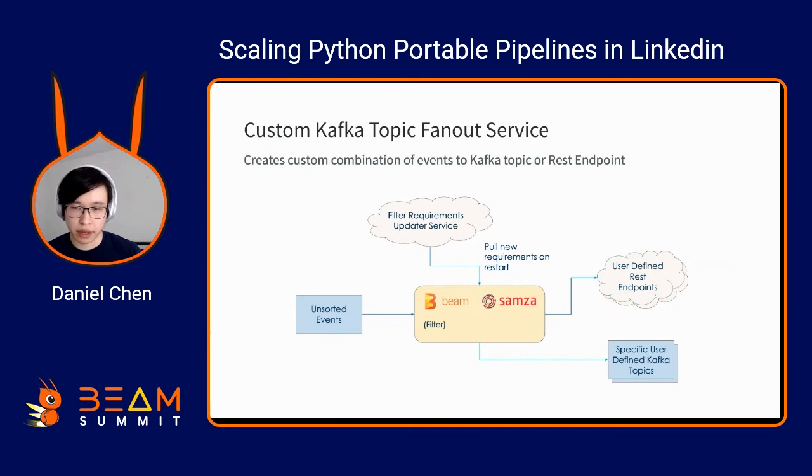So why are they doing this? They're doing this because they want to have a categorized way of accessing only the events that a specific team wants. For example, this is reading from unsorted events.